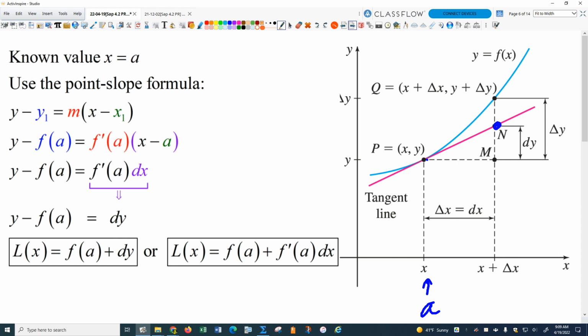I know that y minus y1 equals m times x minus x1, where x1 and y1 are values that I already know.